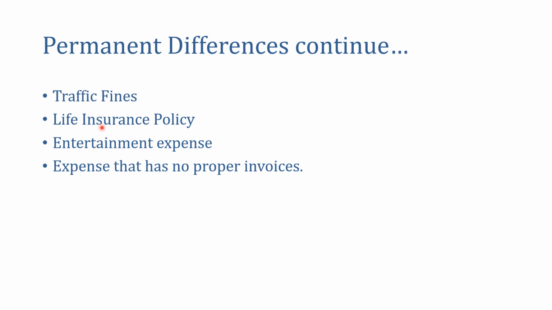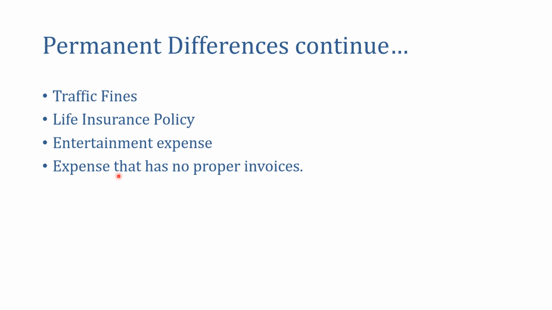Others, for example, are life insurance, entertainment expenses, and other expenses that did not have proper invoices. For us as a company, we recognize them as an expense. However, for tax purposes, the taxman says, no, I don't want you to recognize them as an expense. So in short, this is what we have under permanent differences. And permanent differences are very easy and straightforward.